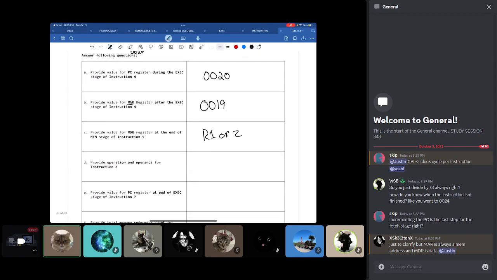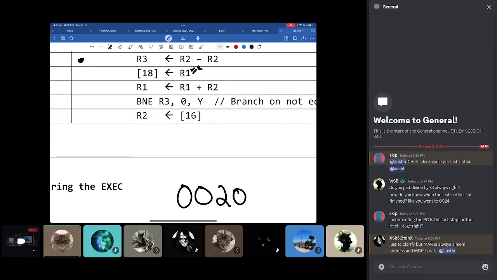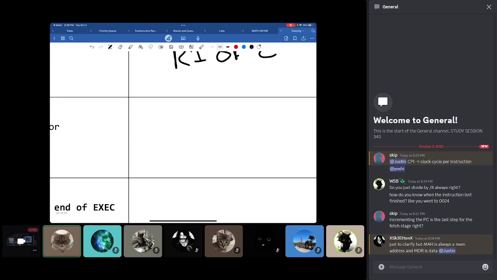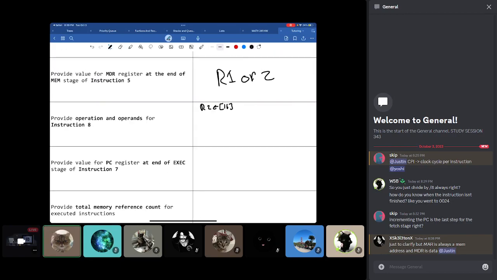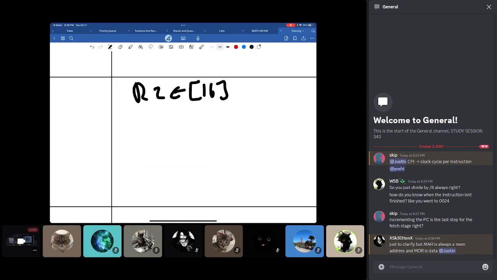Right? Then here it says provide operation and operands for instruction 8. Let's go to instruction 8. It says address 16 loads into R2. So let me just write it down here. All right. We know that our operation is a load type. So operation is a load.